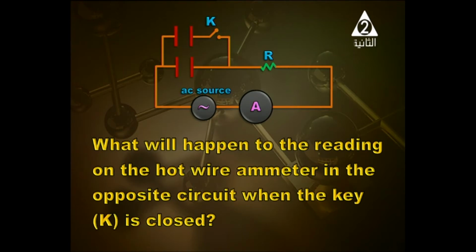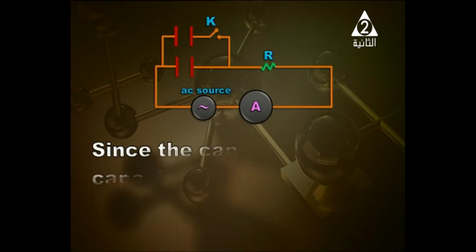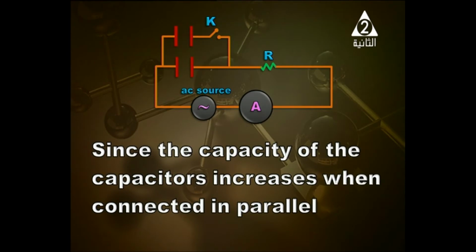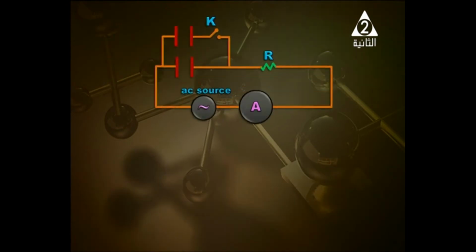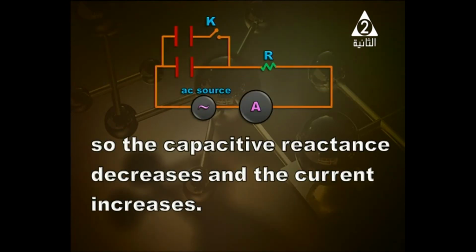So the current increases. Since the capacity of the capacitors increases when connected in parallel, the capacitive reactance decreases and the current increases. So reading on the ammeter will be increased.